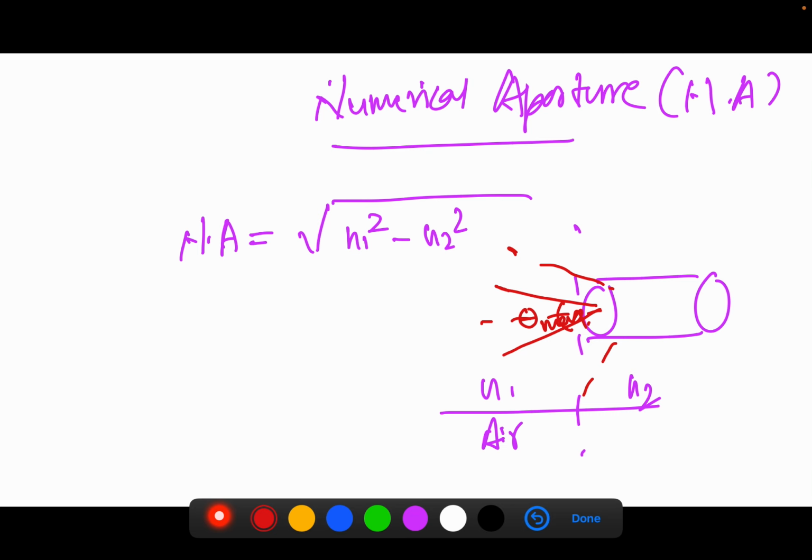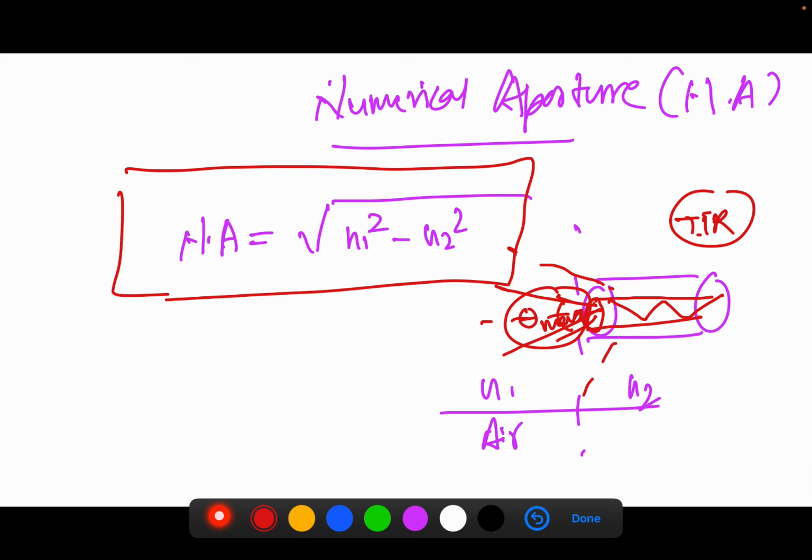Beyond this, it will get reflected out. If it has to go via your core, it has to come within this range of theta max for it to pass via total internal reflection inside the core. That is governed by theta max. The numerical aperture is defined by n1 square minus n2 square, whole root.